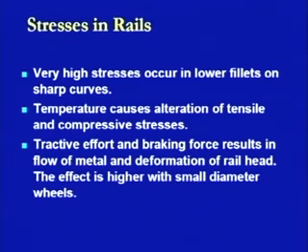And when this tractive effort is working in the backward direction, the horizontal component of that force will also act longitudinally in the backward direction. This is the reason why there is a movement which will take place in the rail, and stresses will be induced because of this tractive effort.